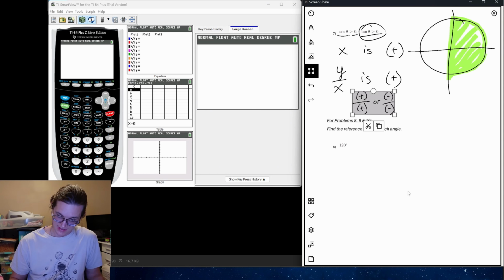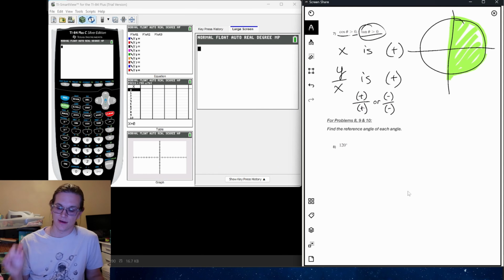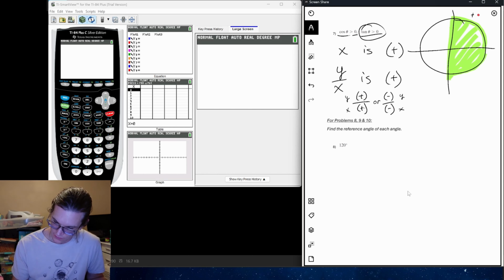So the place where tangent of theta is positive is in the quadrants where it's plus plus or minus minus. So the first quadrant is over here, plus plus in 1. Second quadrant is over here, it's minus plus. Third quadrant is over here, it's minus minus.